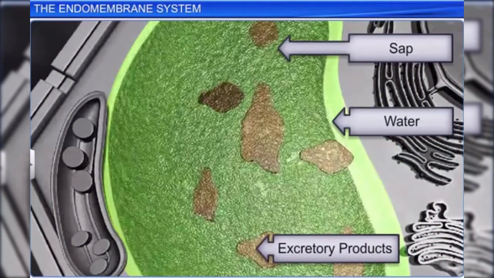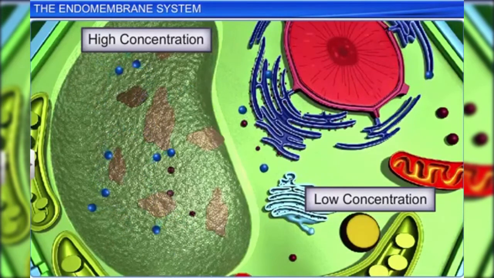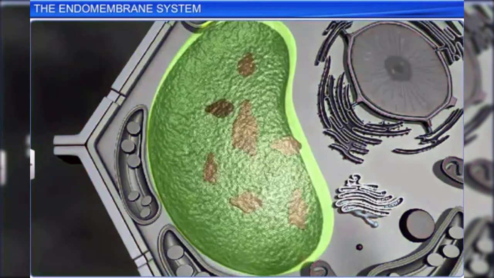The tonoplast of vacuoles in plant cells aids in the transportation of a number of ions and other materials against their concentration gradients into the vacuole, which is one of the reasons for the higher concentration of ions in the vacuole. In plant cells, vacuoles can make up 90% of the volume of the cell.